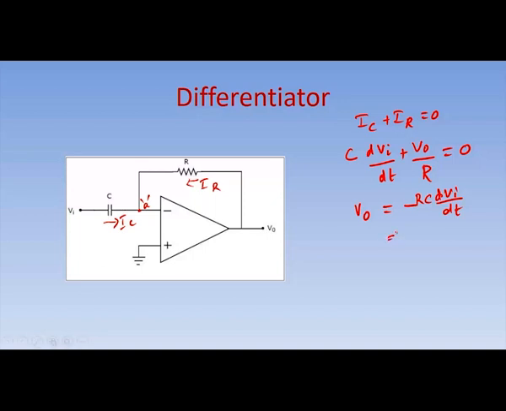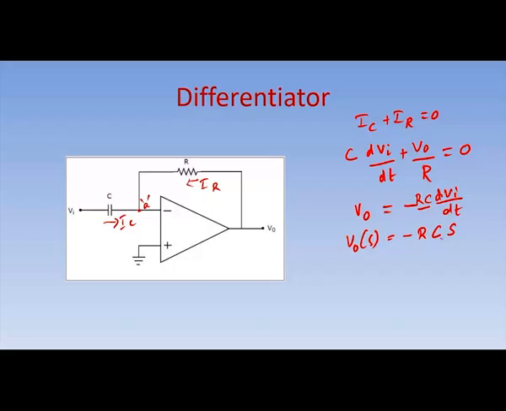If you see the equation, the output voltage is RC times the derivative of the input signal. So, this RC is the time constant of the differentiator. If you write it in the S domain, V0 of S is equal to minus RCS Vi of S. S is actually the frequency term, replaced by j omega, and omega can be replaced by 2 pi f.